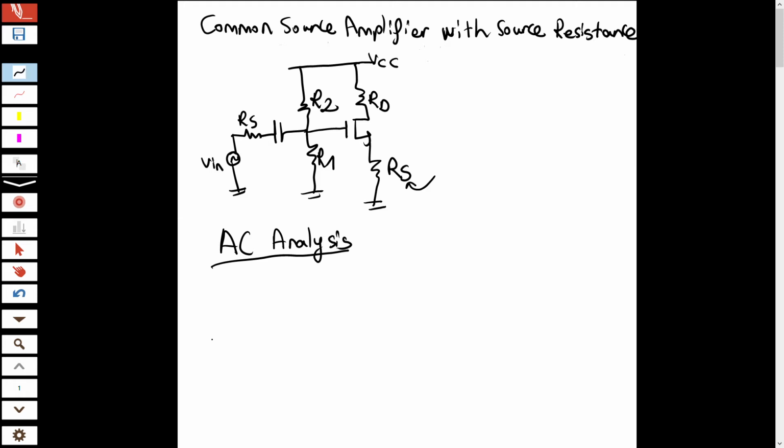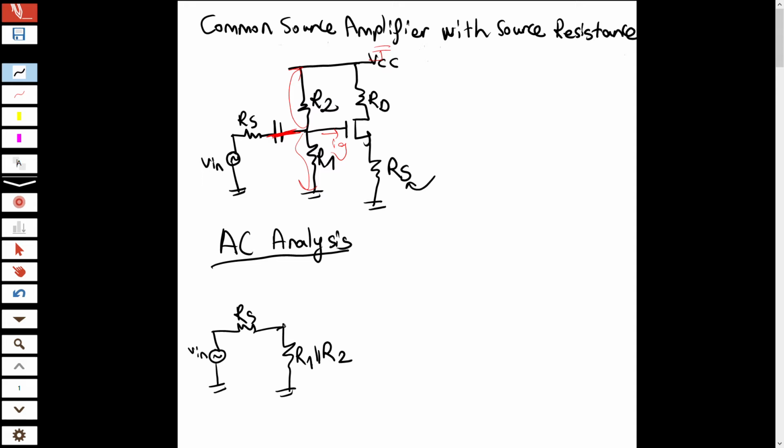So in AC analysis, let's draw the circuit. This is V input, here R source, and R1 will be parallel to R2 because this VCC will be grounded in the AC case. This capacitor will be short circuited. This goes to ground, this goes to ground, and this current is 0.